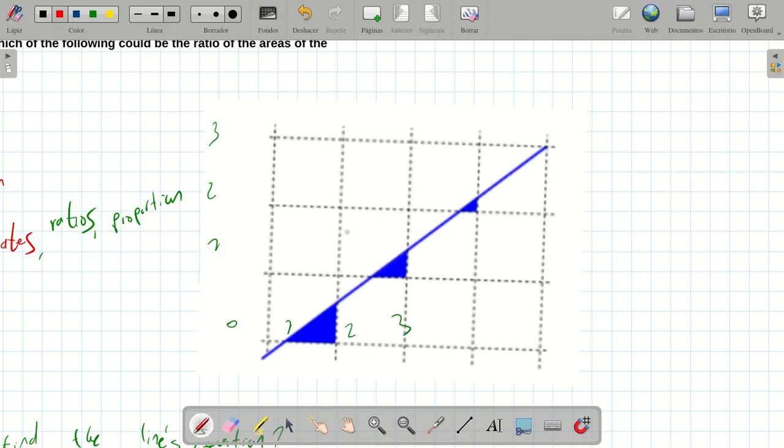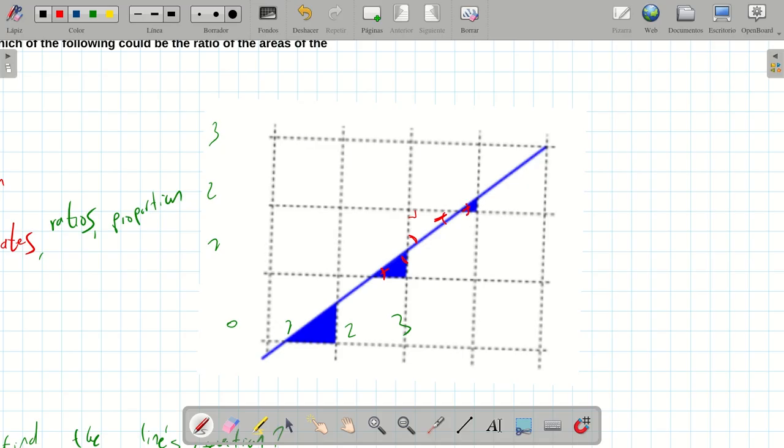Okay, so this angle is equal to this angle because they are vertical. So now this is a right triangle. Therefore, it implies that this triangle will be equal to this. And now you know that these vertical angles are equal.